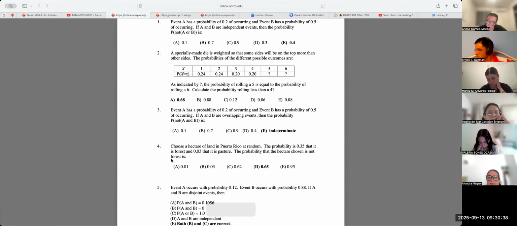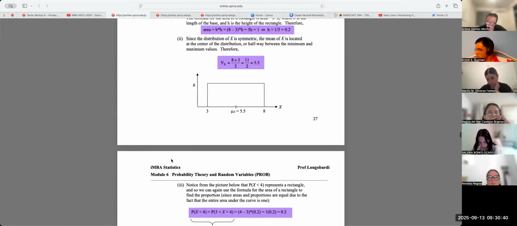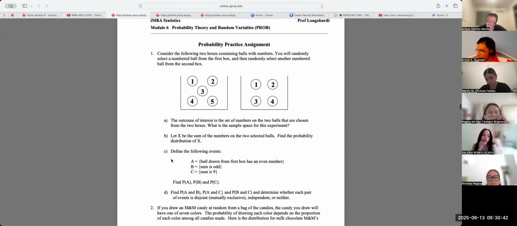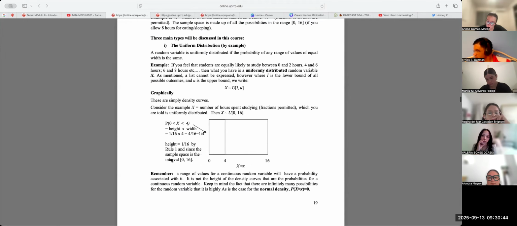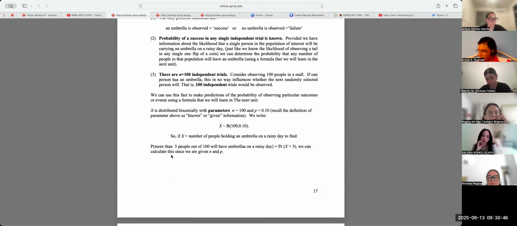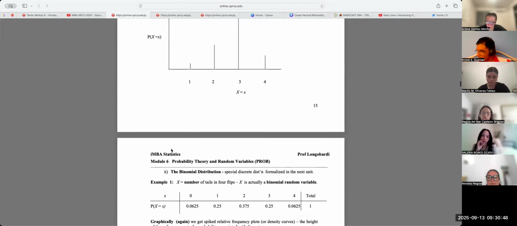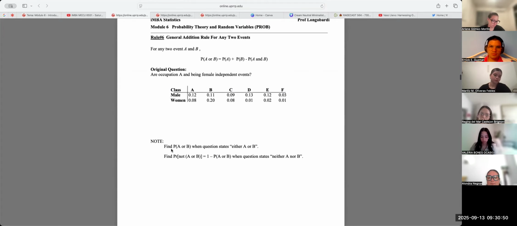I wrote it in the notes somewhere over here. Sorry, close your eyes if you get dizzy with the scrolling, because I get dizzy unless I'm in control. Right here. This might be what you saw. Find A or B when question states, no, that's not it.